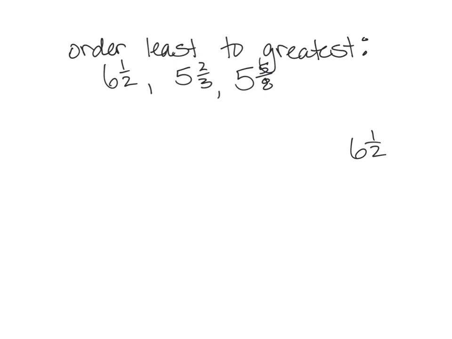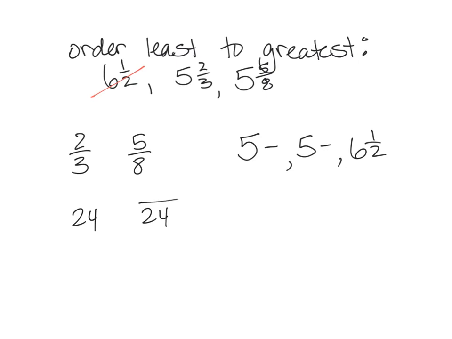Now I just need to know between these two which one is larger. So I'm not looking at their whole number. That's not going to change. I'm just looking at their fraction amount. So we are comparing 2/3 and 5/8. Look familiar? We just did this one, right? To get a common denominator, we did 3 times 8, the denominators times each other, and got 24. And remember, we had to be fair.